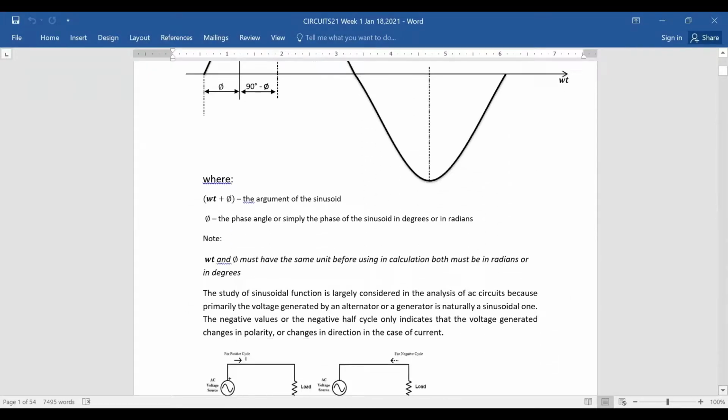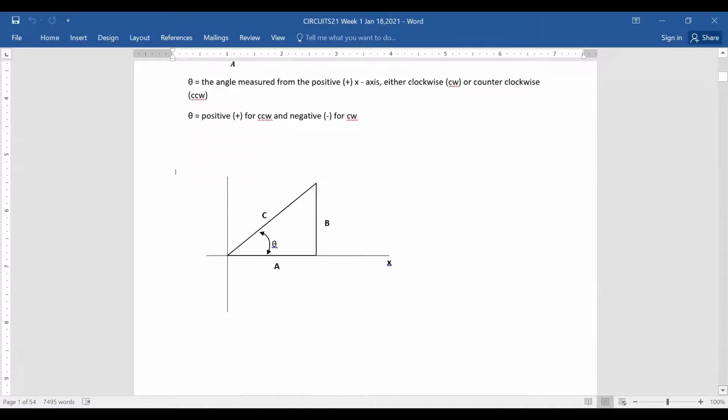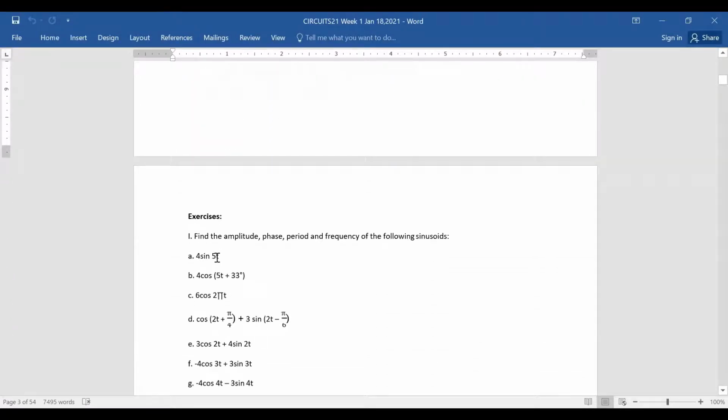What is the given W here? Given W is 5. So 2 pi over 5 is our capital T, the period. After that, if you take the reciprocal of that, it will give us the frequency.